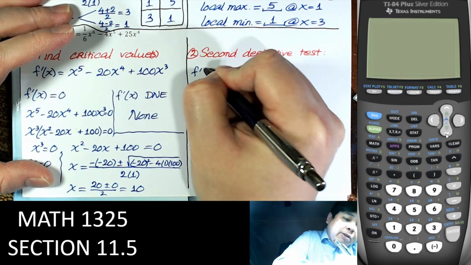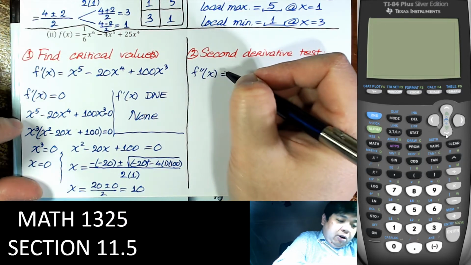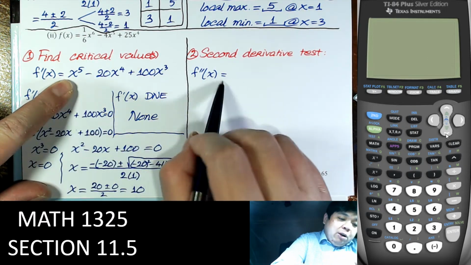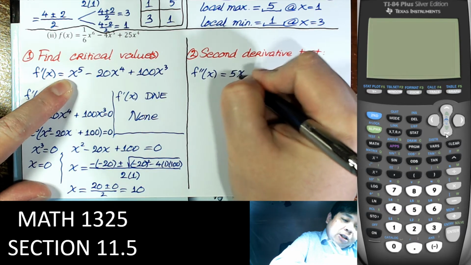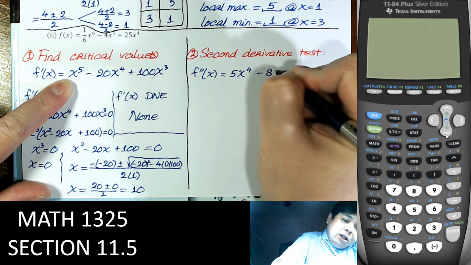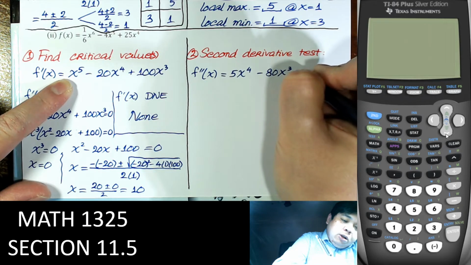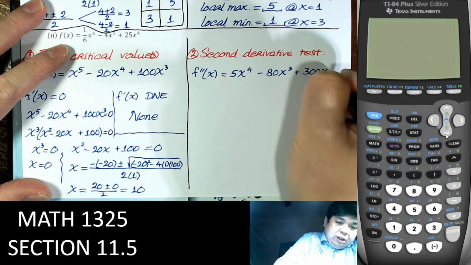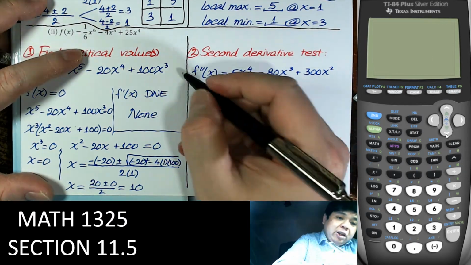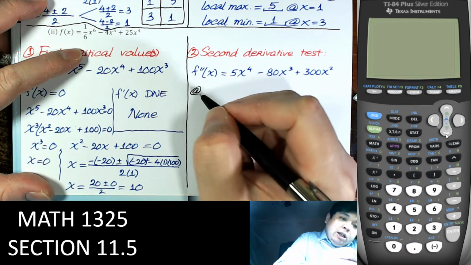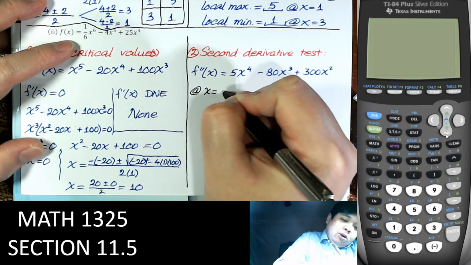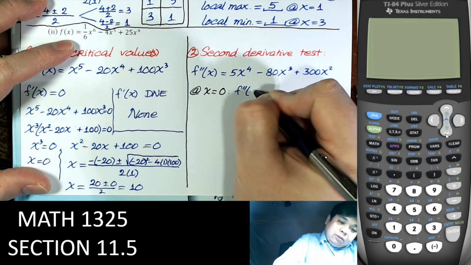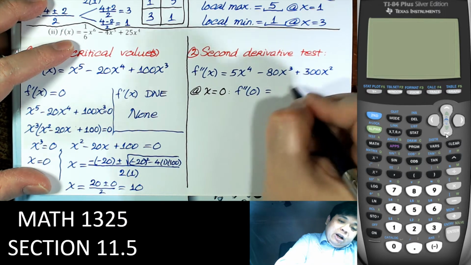So for the second derivative, from the derivative function, now we take the derivative again: 5x to the fourth minus 80x cubed plus 300x squared. Right. We evaluate at x equal to 0. Now this one is obvious. Put 0 in here. Everything is 0.